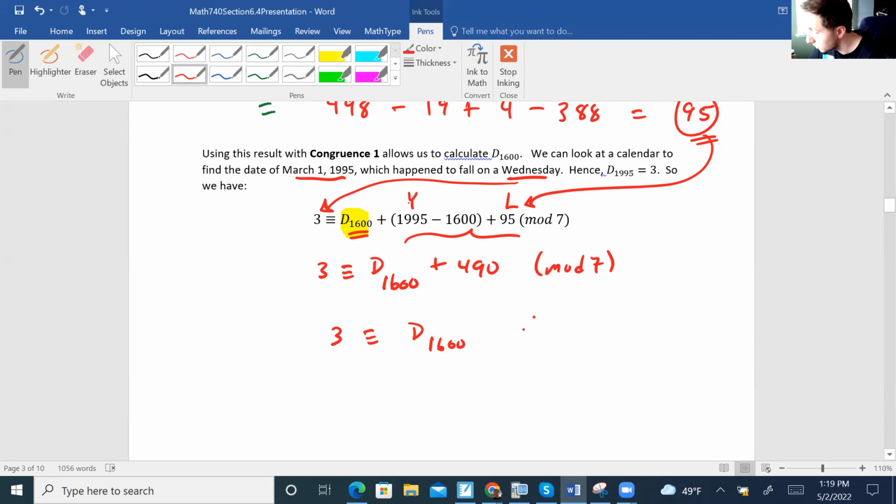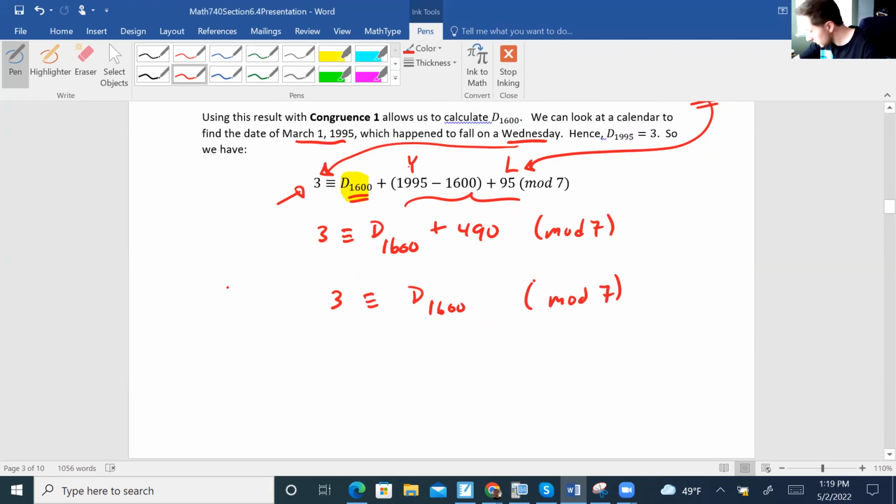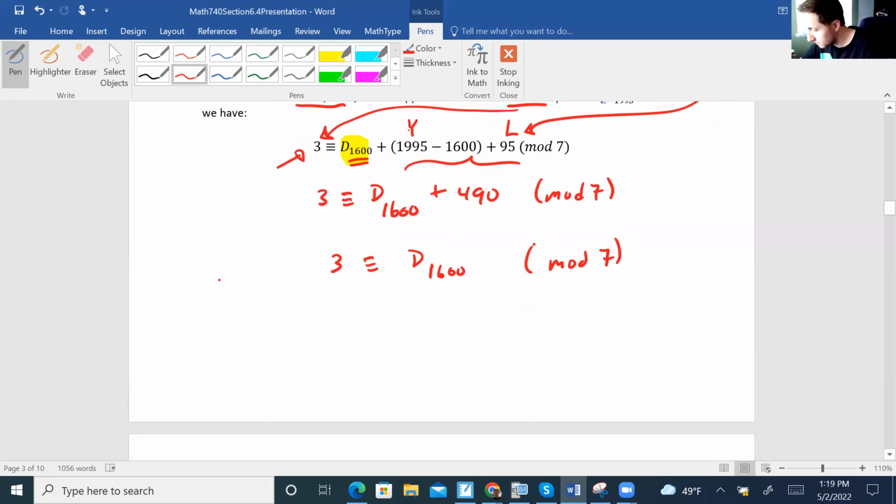So this is just plus 0. And so what this tells us is it has the exact same remainder as the remainder from 1995. So since 1995 fell on a Wednesday, that tells us that March 1st of 1600 also happened to fall on a Wednesday.